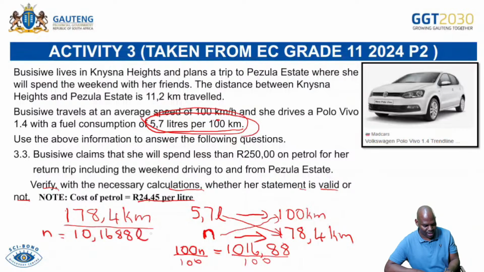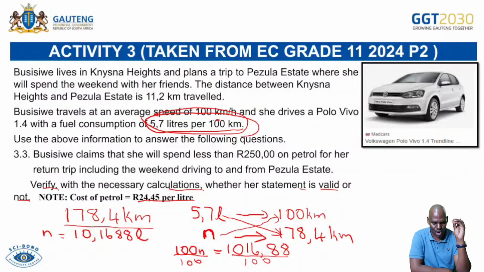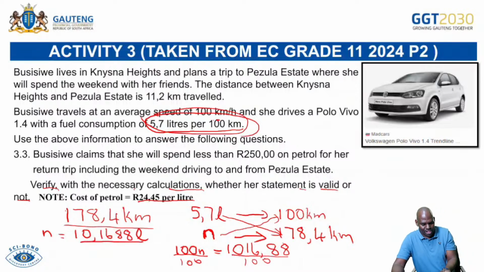So the car consumed 10.1688. I'm not rounding it off because it's not the final answer.